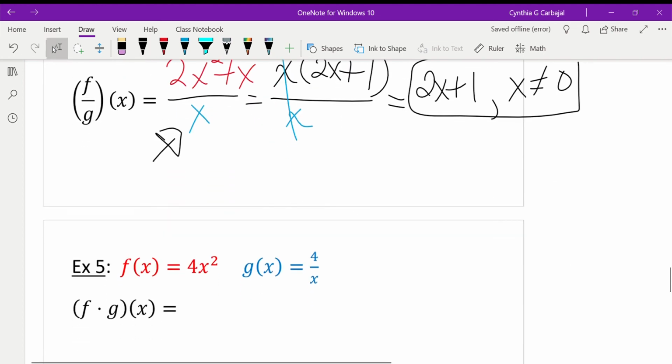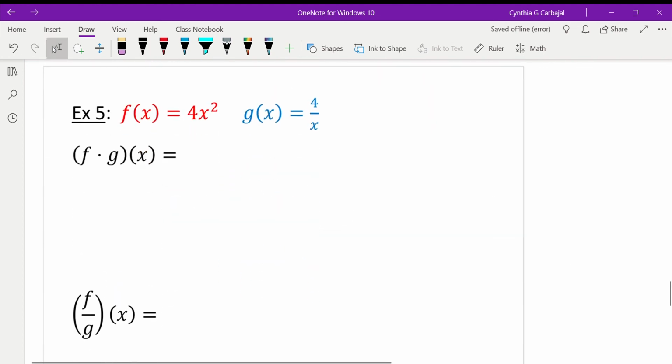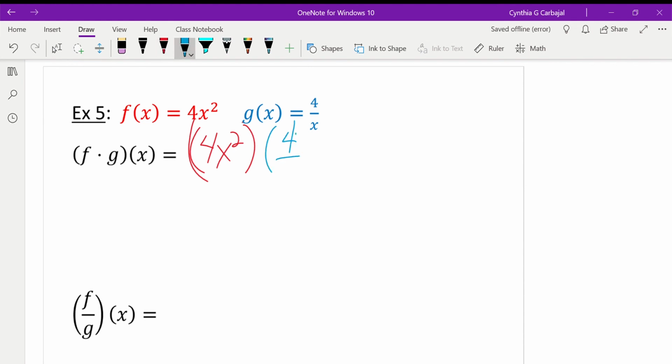Alright, last example. We're going to again multiply first, and then we'll divide. This is a good example. Now I have a monomial, and then I have something set up as a fraction.